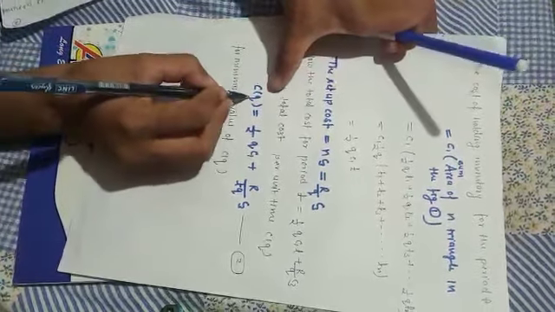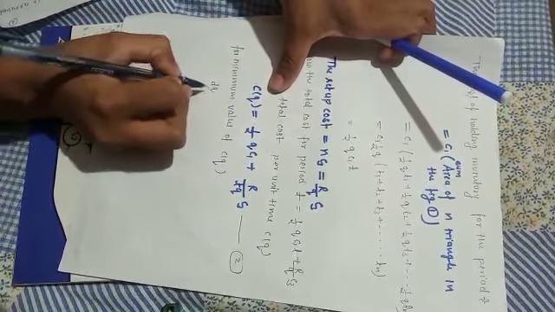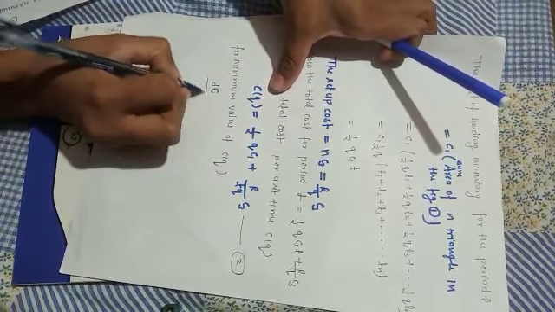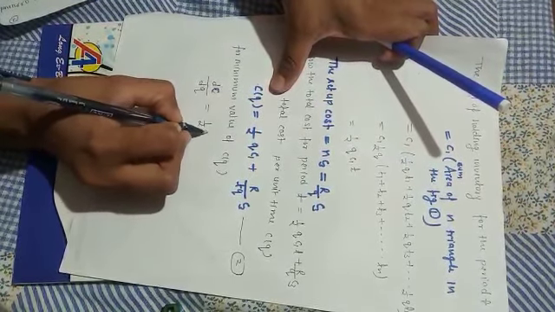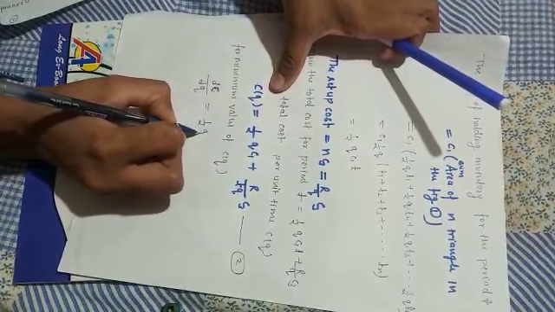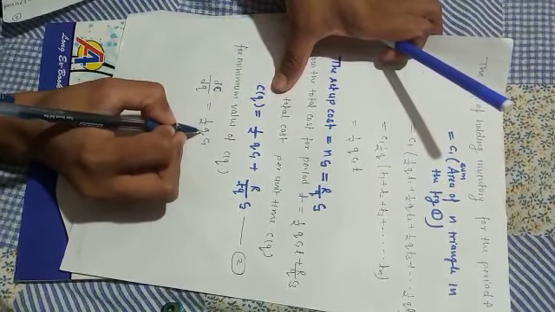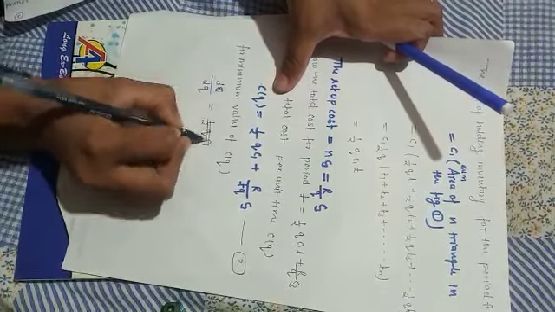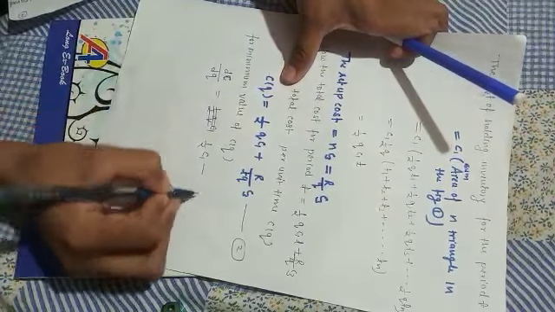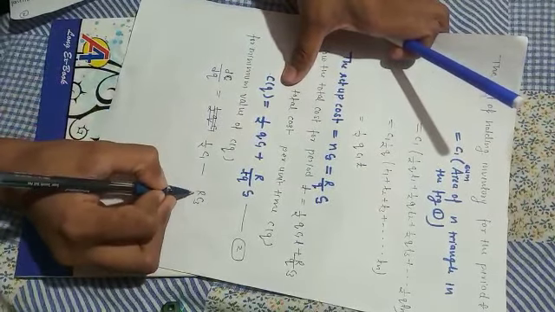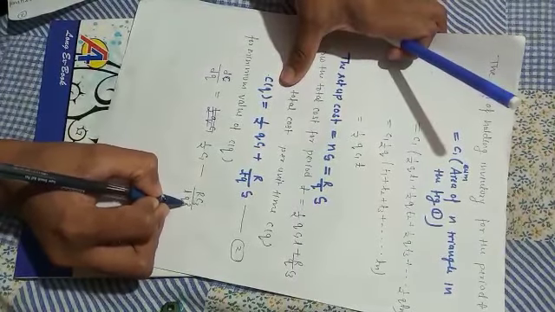differentiating the above with respect to Q, that is dC by dQ, it is equal to half C1 minus R C3 by Q square.